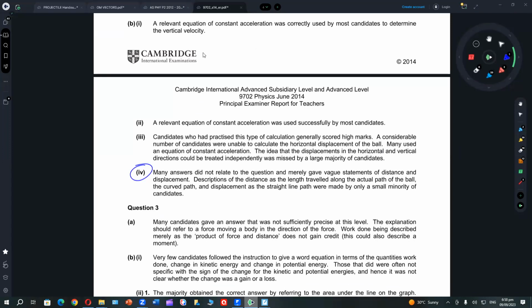Many answers did not relate to the question and merely gave vague statements of distance and displacement. Description of the distance as the length traveled along the actual path of the ball, the curved path, and displacement as the straight line path, were made by only a minority of candidates. This is where examiner reports are amazing, and they are really the way to an A grade. Examiners want students to relate to the question.